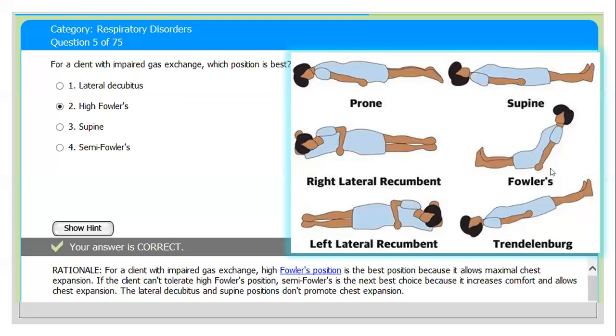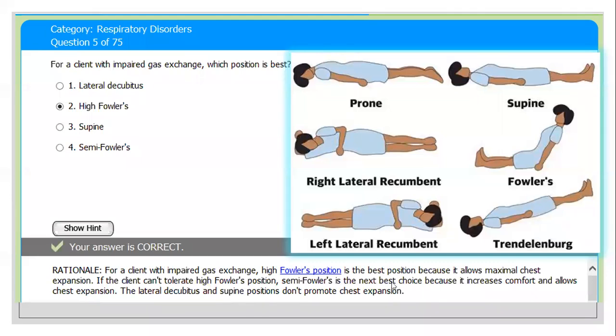Fowler position like this: a person in Fowler position is sitting straight up or leaning slightly back, right? And their legs may either be straight or bent.